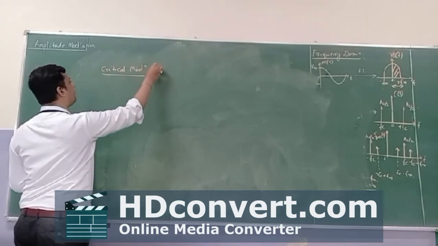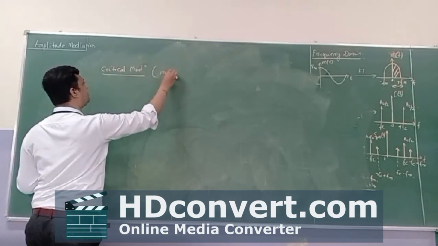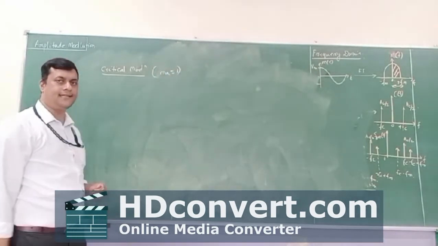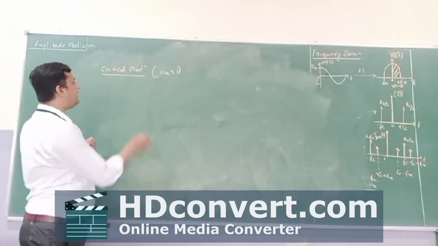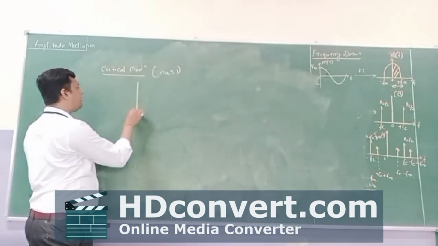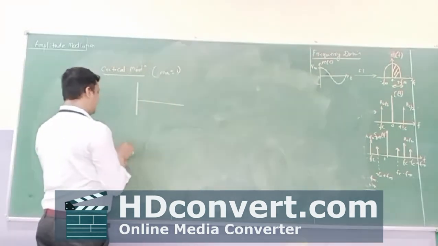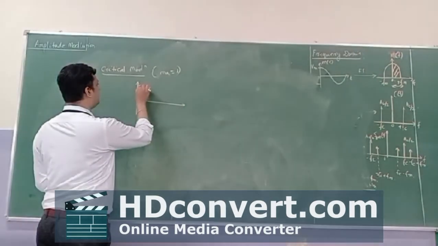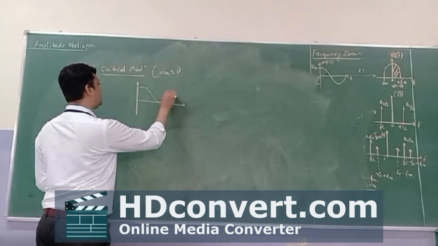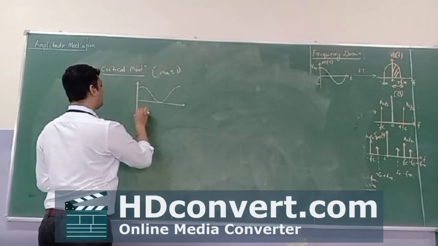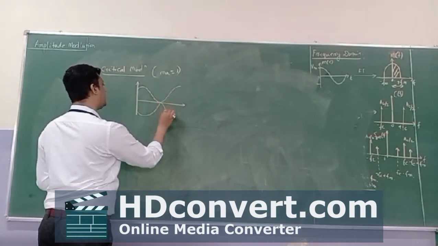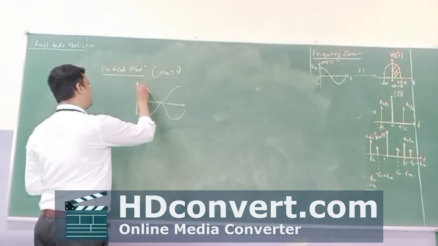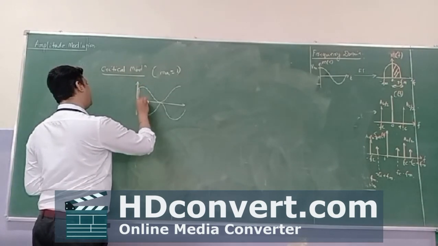Critical modulation means the amplitude of the carrier and the amplitude of your modulating signal are the same. If it is the same, your representation of a modulated wave will look like this. This is your modulated signal. It will just touch at the zero crossing, and your carrier is available here.